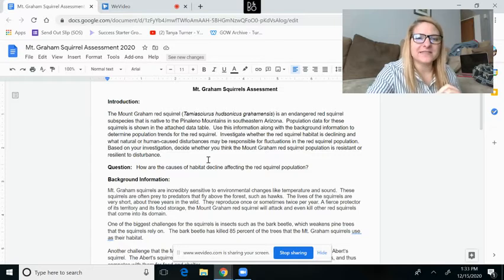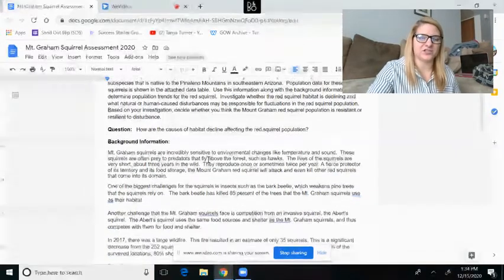We will also be investigating whether the red squirrel habitat is declining and what natural or human-caused disturbances may be responsible for fluctuations in the red squirrel population. Based on our investigation, we will decide whether we think the Mount Graham red squirrel is resistant or resilient to disturbances. So the question we are investigating is, how are the causes of habitat decline affecting the red squirrel population?